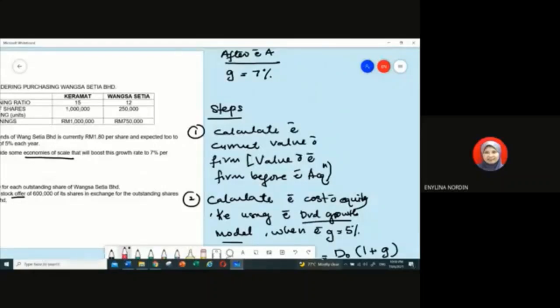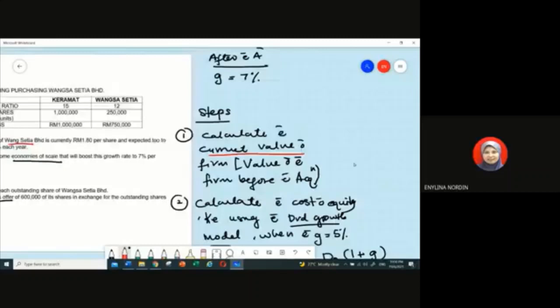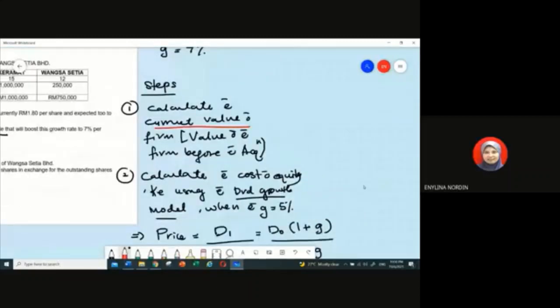Look at the given information, which is about Wangsa Setia, so we need to calculate by using Wangsa Setia's data. How do we calculate the current value of the target firm, that is Wangsa Setia?